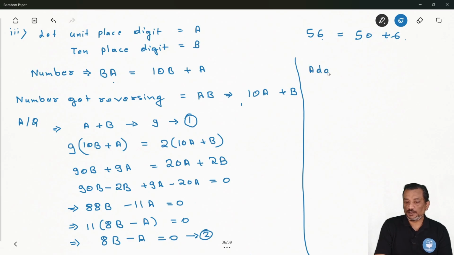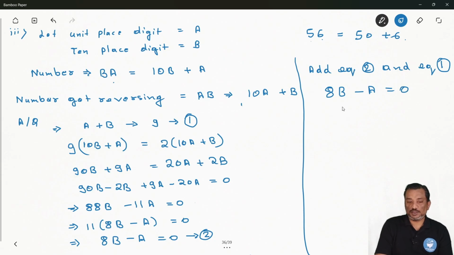Now we can say add equation 2 and 1. Okay, clear? Equation 2 and equation 1. Okay, so we will add these two, and now we will see how we can add. So we will first write this equation in proper order. So 8b minus a is equal to 0.